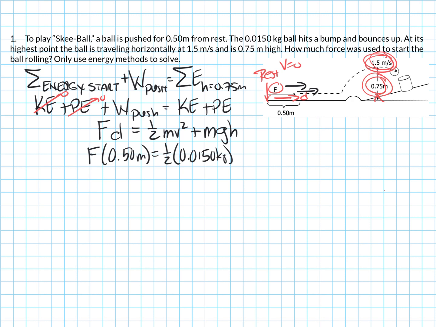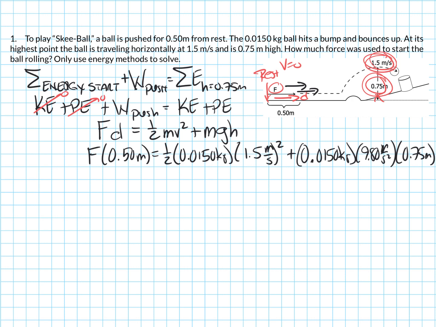There we go, with 1.5 meters per second squared, plus mgh. That's going to be 0.0150 kilograms times 9.80 meters per second squared, times my height, 0.75 meters.